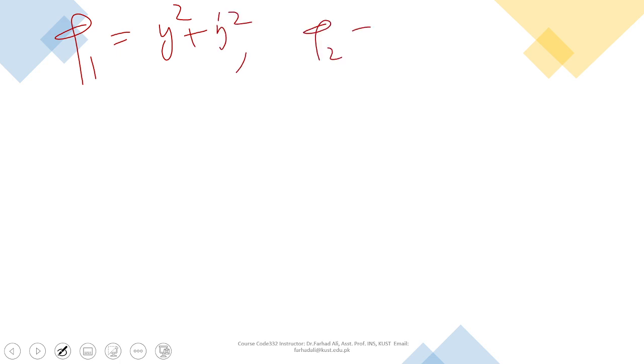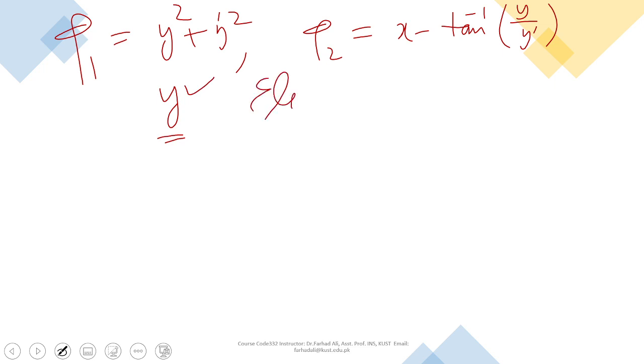The other one, phi 2, is x minus tan inverse y by y dash. And we have to find the solution y. So what we have to do is eliminate y dash from these two. So let's do it.